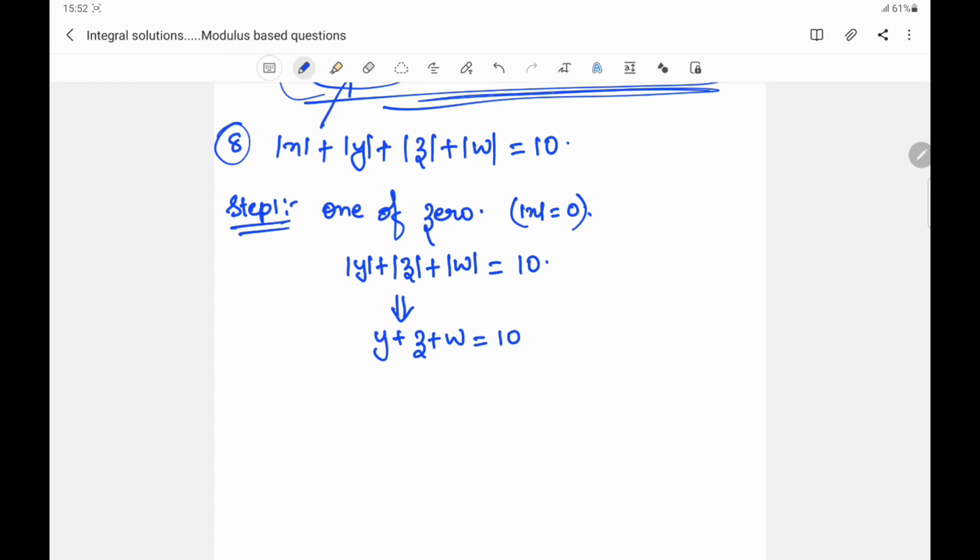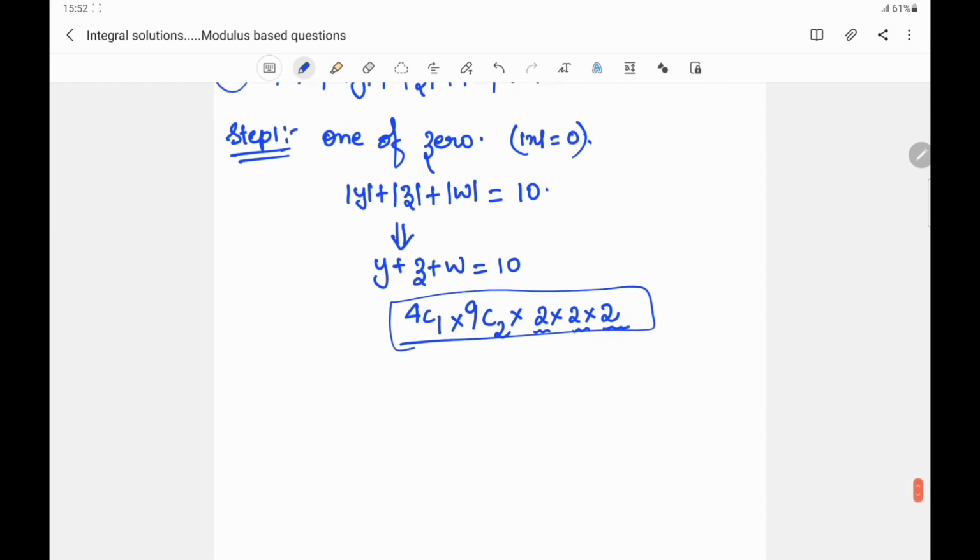So there will be 9 gaps. I need to select any 2 gaps, and because of the impact of modulus, we are considering plus and minus, so that's why these 2, and because we have selected 1 out of 4 to be equal to 0, this is the number of integral solutions when one of them is 0.